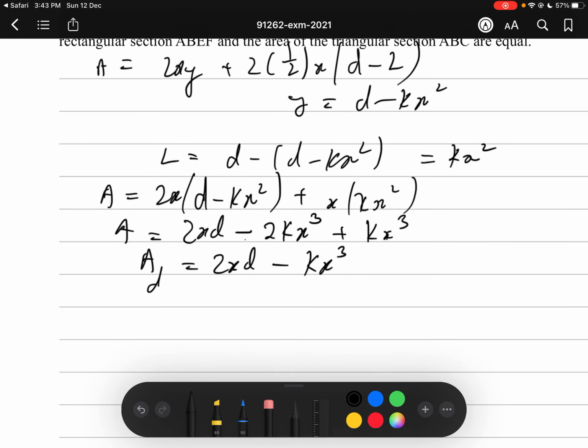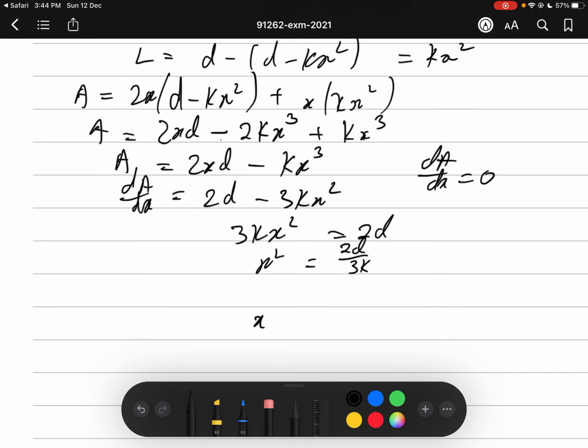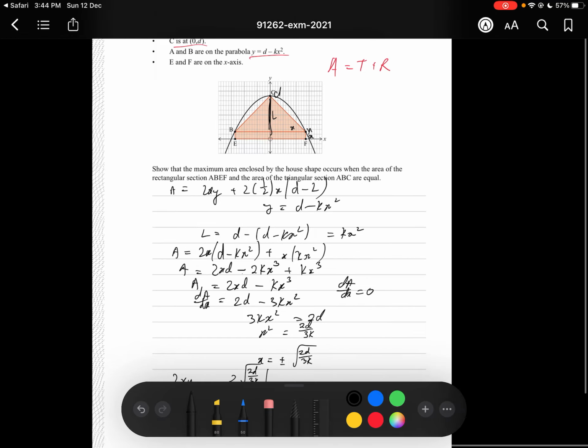We're going to differentiate. So dA over dx equals 2d minus 3kx squared. Since dA over dx equals 0 for maximum area, that's going to be equal to 0, so x squared equals 2d over 3k, and x equals plus or minus the square root of 2d over 3k. And now we're going to separate this into the area of the triangle and the area of the rectangle. The area of the rectangle is 2xy, so that will be 2 times the square root of 2d over 3k times y, which was d minus kx squared.